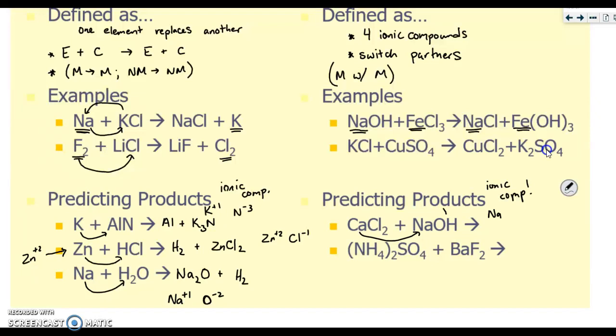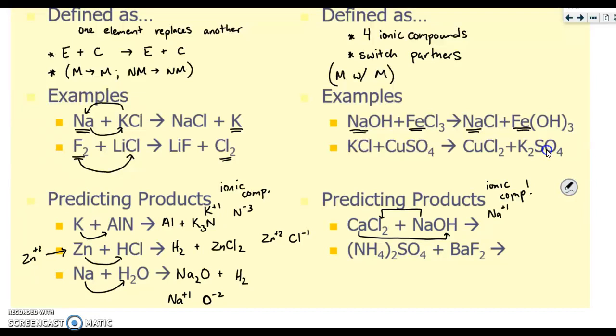If it is helpful to you to show the arrows, you can. If you don't like showing them that way, sometimes my students prefer to do it this way. Let me show you. We now know that calcium is combining with OH, and we now know that sodium is combining with Cl. Whatever is easiest for you to get this correct.